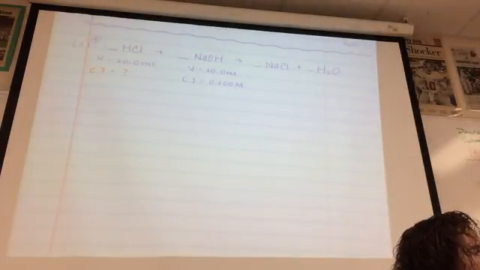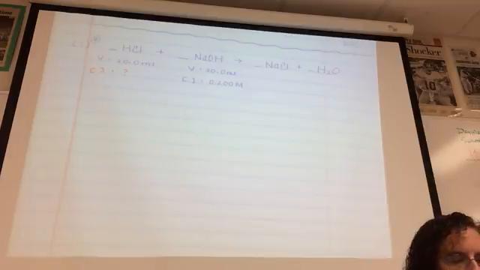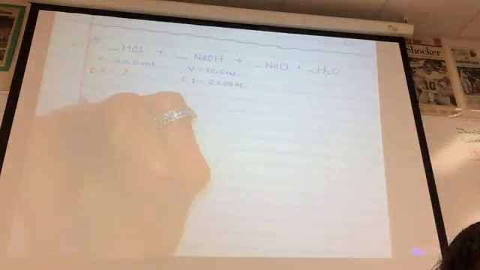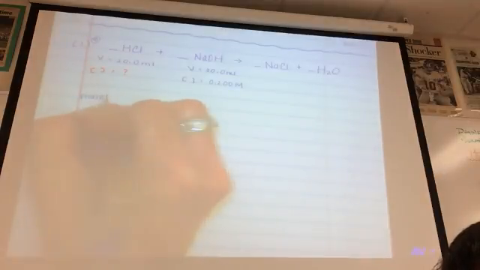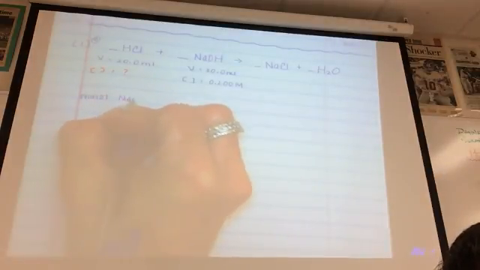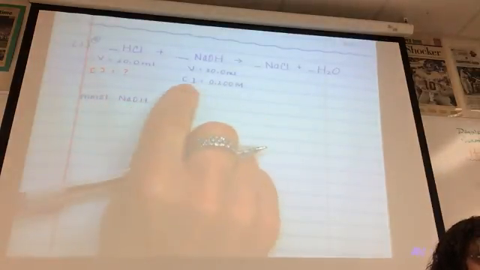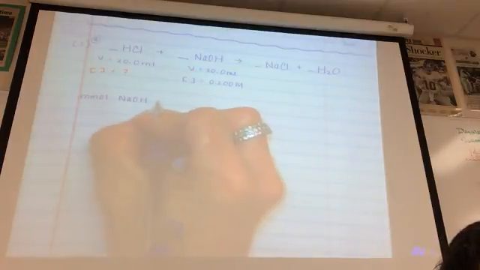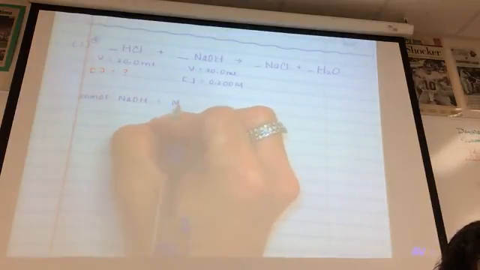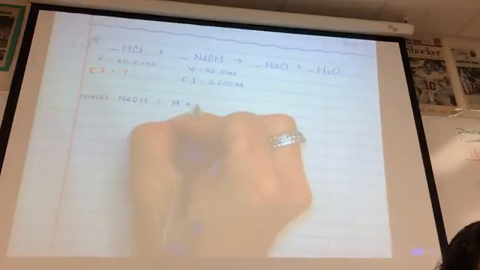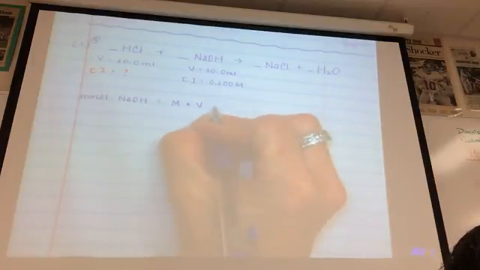Step B says calculate the number of moles or millimoles of acid or base, and you're going to do it for the one you know both the concentration and volume. So we're going to get millimoles of what? The base. How come? You have a concentration and a volume. So you're going to multiply the molarity times the volume, all for the base.